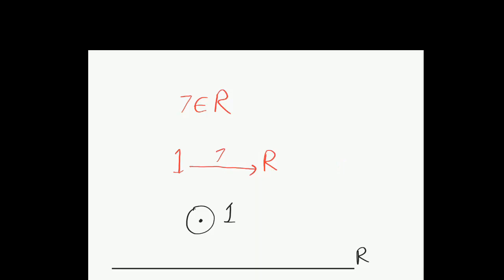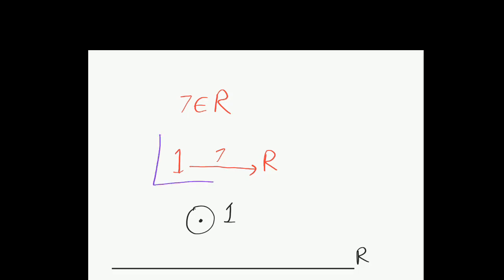Now, just to introduce this, I want to remind you of a few things. Firstly, we have this smooth line, which we normally denote as R, and we might be talking about a particular point on this smooth line. So for example, we could write 7 is in R. Now we can think of this as the very simple statement that 7 is a real number, if we were thinking about what this means in terms of regular mathematics.